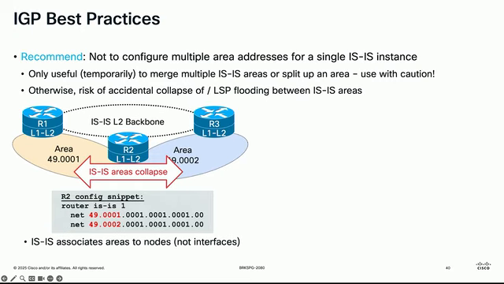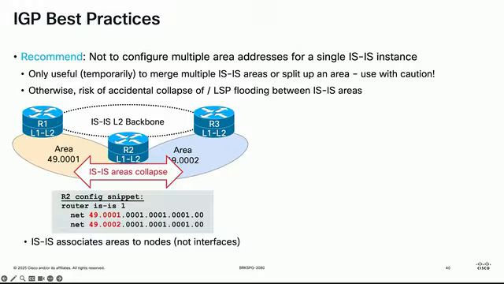So again, with ISIS, when you configure multiple areas on a node, it makes those areas synonymous, right? And so they're collapsed into one, and that's because in ISIS, it associates areas with nodes, not interfaces.